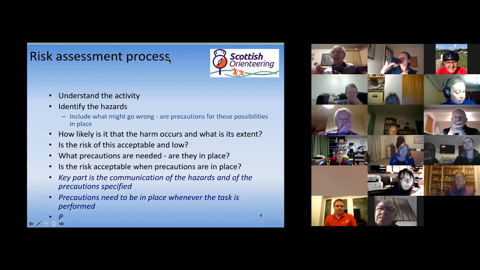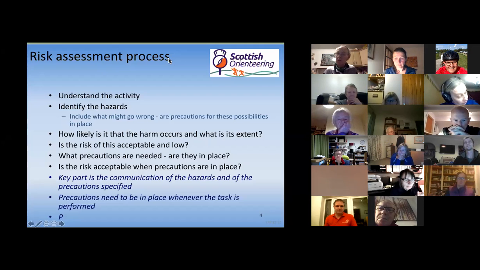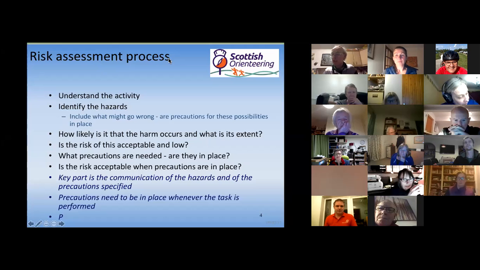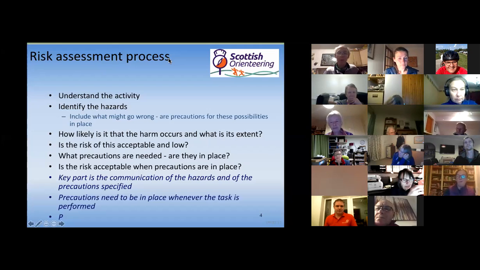This is the risk, and the next question is, is that risk low and acceptable? If it's unacceptable, then you need to add precautions. If it's acceptable, document it and carry on. It is perfectly allowable to say, yes, this is a risk, and we believe that the precautions we've got in place are sufficient. You don't then need to write an action. It's done. Just document it.